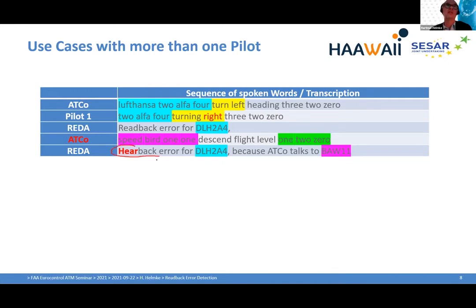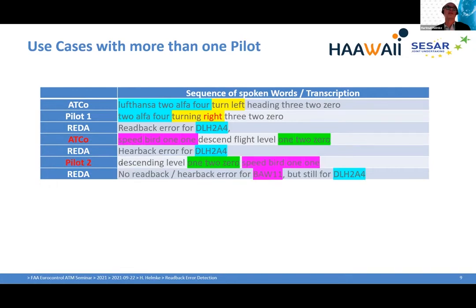At least the system should indicate a hearback error for the first pilot. If the second pilot then answers and makes a correct readback, then for the second aircraft we have no readback error, but for the first aircraft the hearback error remains.